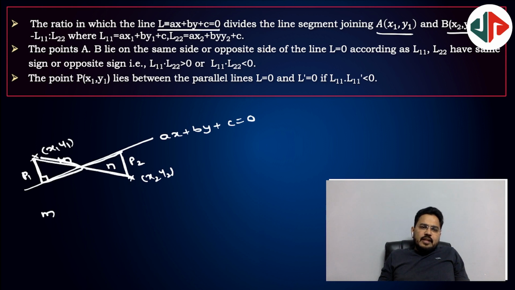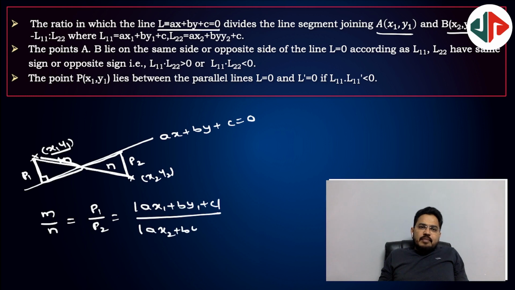So from here m/n = p1/p2, which is the perpendicular distance from (x1, y1) to this line, that is |ax1 + by1 + c| by |ax2 + by2 + c|. But actually, before getting into this one, the next one is important.